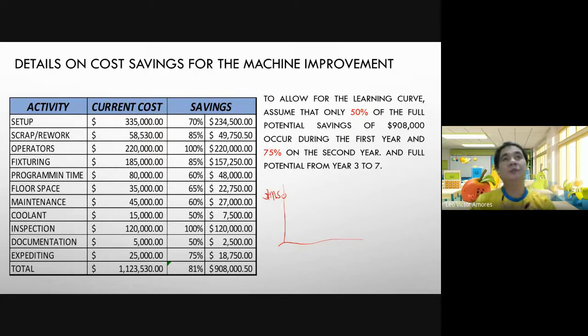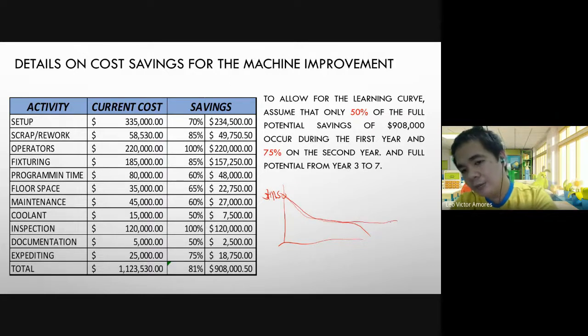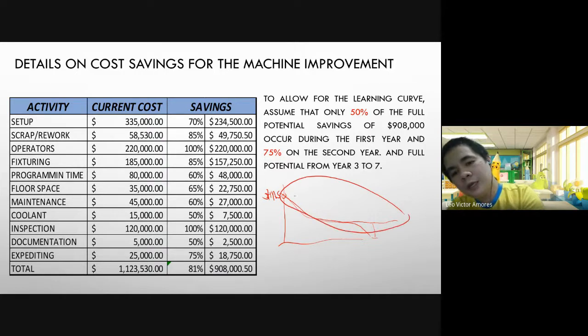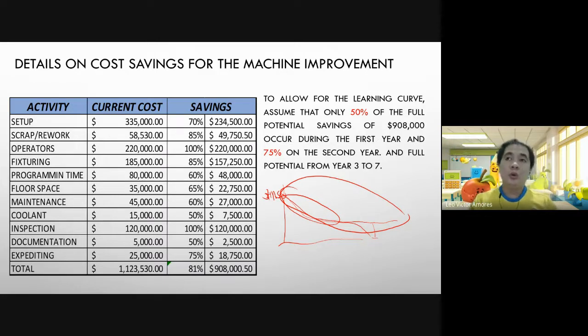As time passes, your production time would decline, until you reach your standard time. This is the point where your time to produce a certain product decreases. That is what you call the learning curve. That is basically a discussion in industrial engineering.